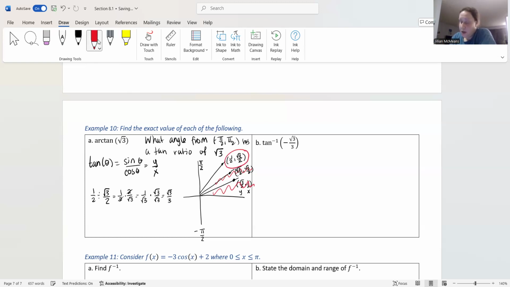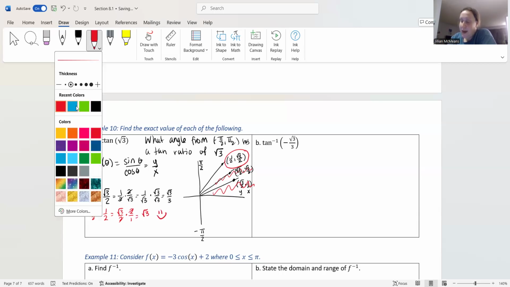And we can prove it to ourselves if we want to. This time the y coordinate is root 3 over 2. The x coordinate is 1/2. Well, that's root 3 over 2 times 2 over 1. The 2's divide out to be 1. So I'm left with root 3. That's the one. So the real question is, what is the angle?